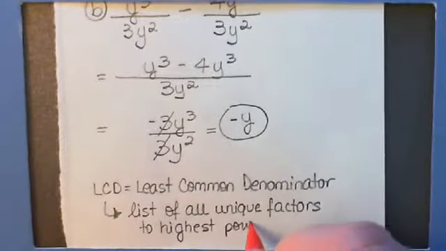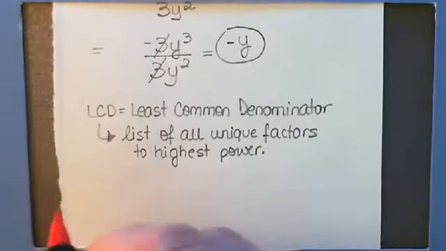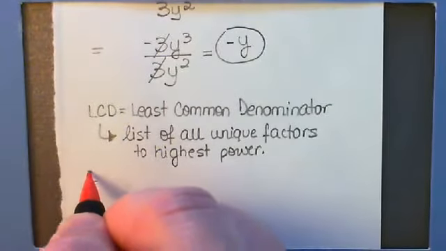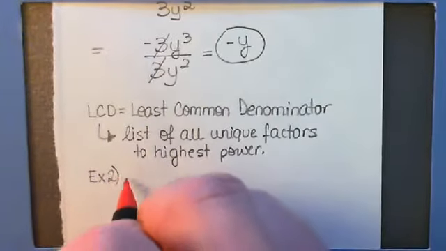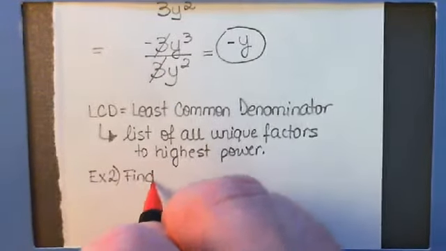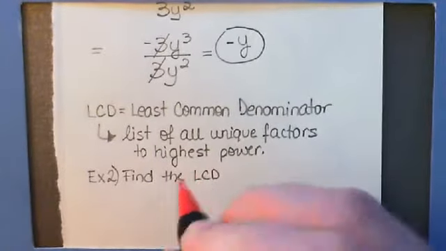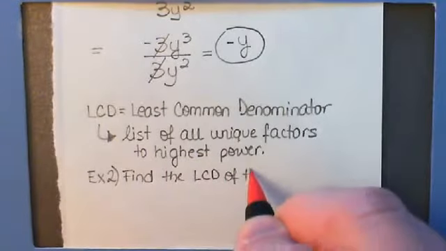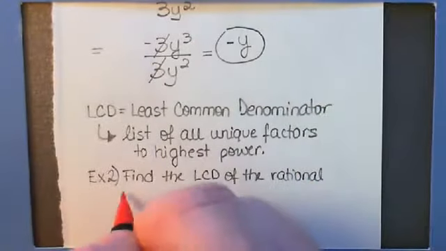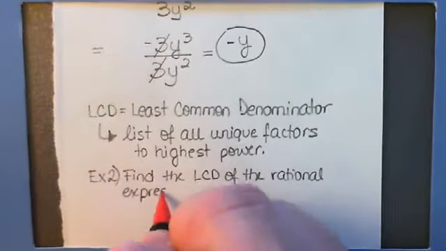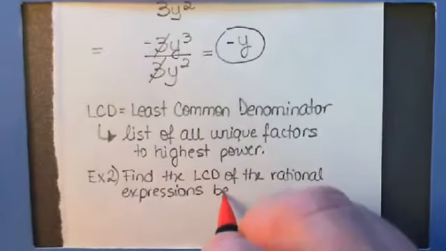Okay, so we're going to do a few examples here where we're going to determine the LCD, the least common denominator, of different rationals. So here's example number 2, and example number 2 says find the LCD of the rational expressions below.